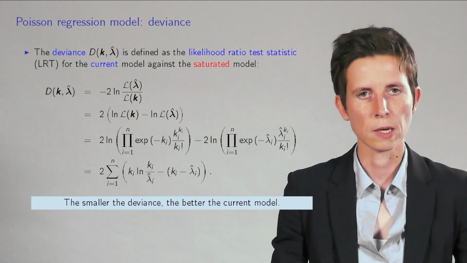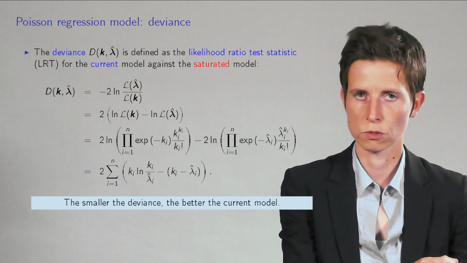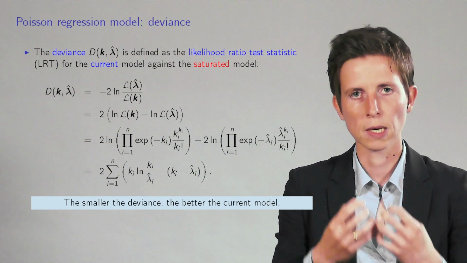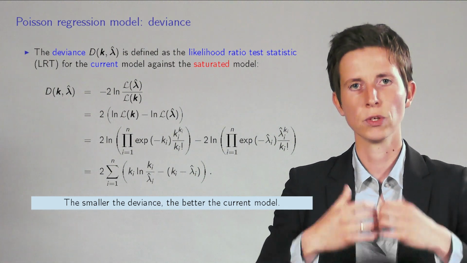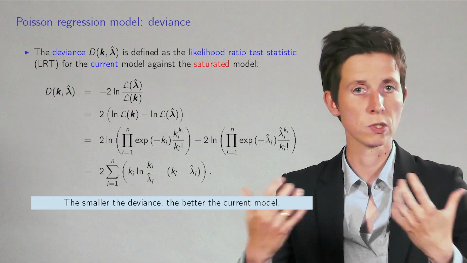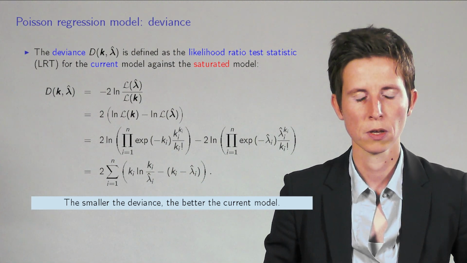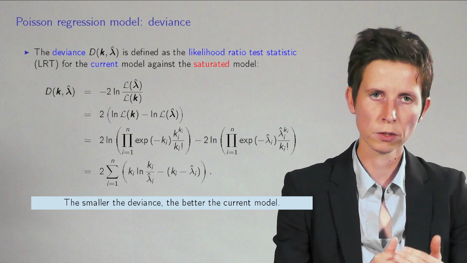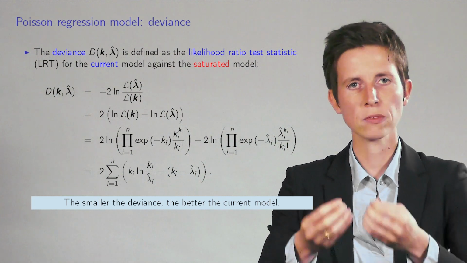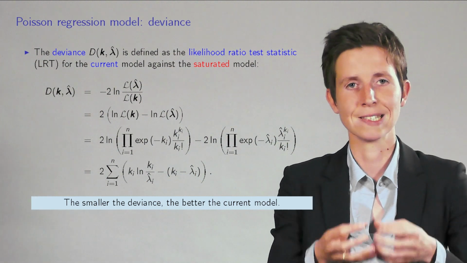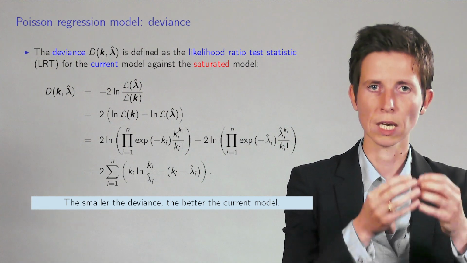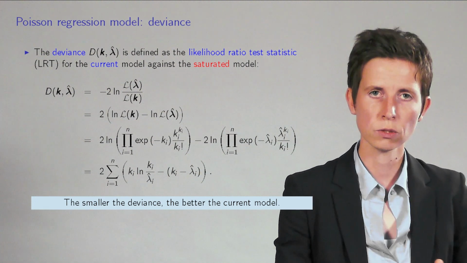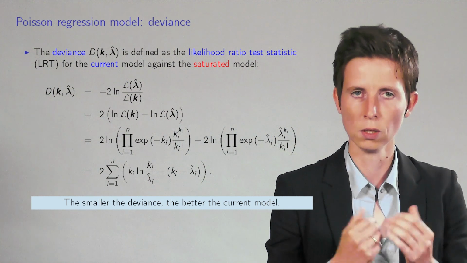If we fill in the expressions from our previous sheet, then we obtain an explicit expression for the deviance in our specific Poisson regression model. Note that the smaller this deviance is, the better is your current model, in the sense that its likelihood will get closer to the likelihood of the saturated or full model.